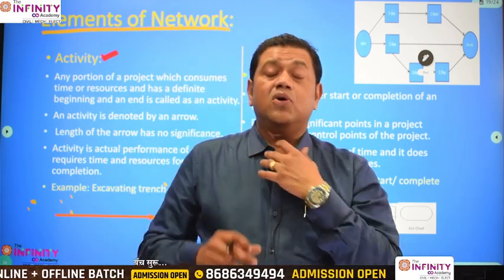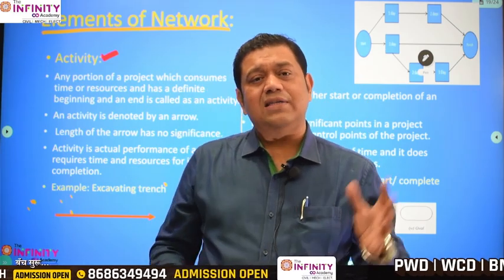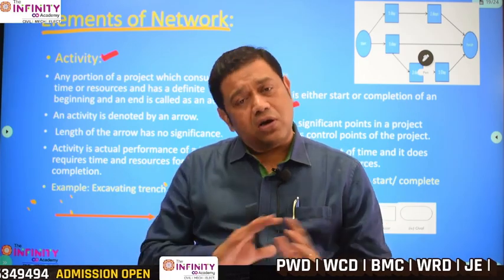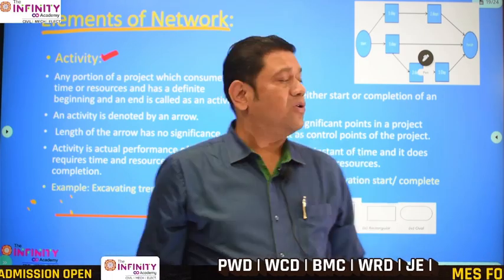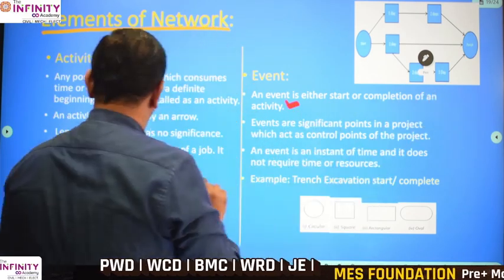All the activities involved in finishing the marriage as an event consume time and cost. An event will not consume time or cost. So, an event is either the start or completion of an activity.